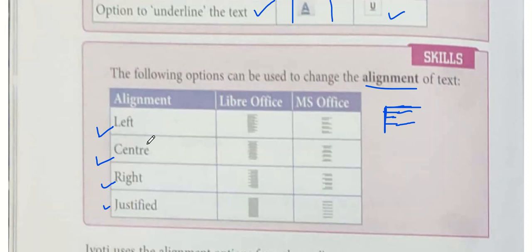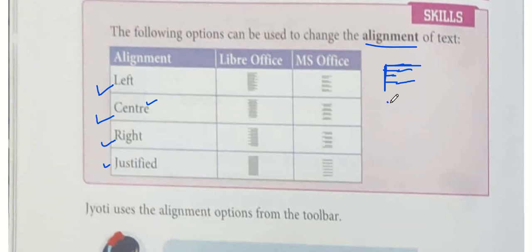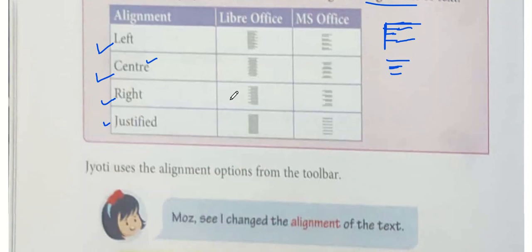If we talk about the center, that means this time the text will be aligned to the center. So here the left and the right end of the line may vary, but it will be arranged only in the center.